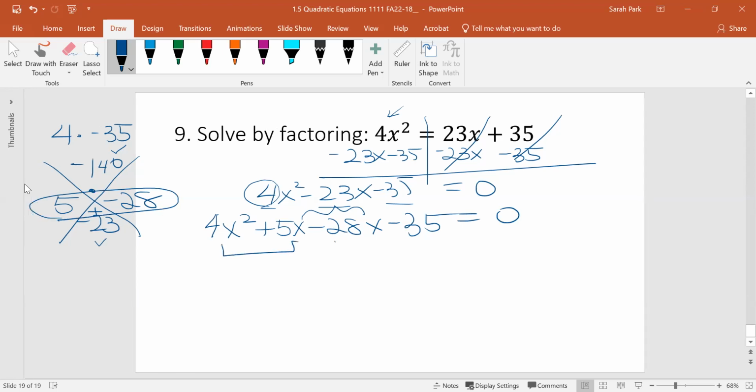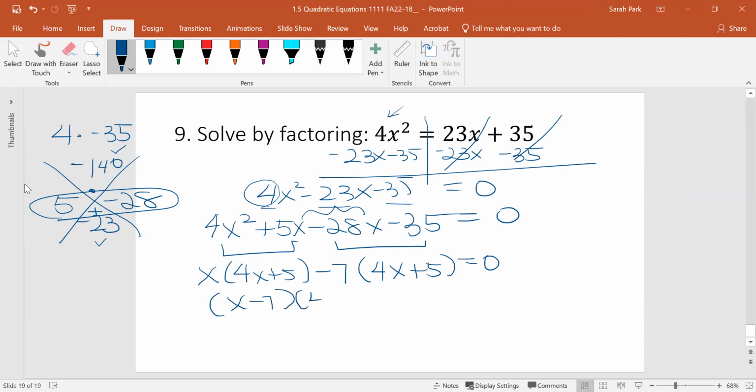Now let's factor by grouping: 4x squared plus 5x minus 28x minus 35. We can factor out an x, leaving us with 4x plus 5. From negative 28x and negative 35, we can factor out a negative 7. This leaves 4x plus 5. So our factors are x minus 7 and 4x plus 5.